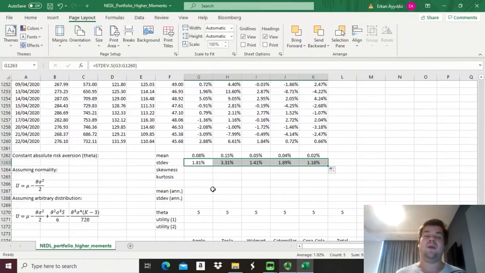But if we depart from the famous normality assumption, then we will also need to consider higher moments. And most of the time, we'll just look at skewness and kurtosis. Bear in mind that there are indeed even higher moments than skewness and kurtosis that can contribute to investor utility and be reflected in their preferences in that or another way.